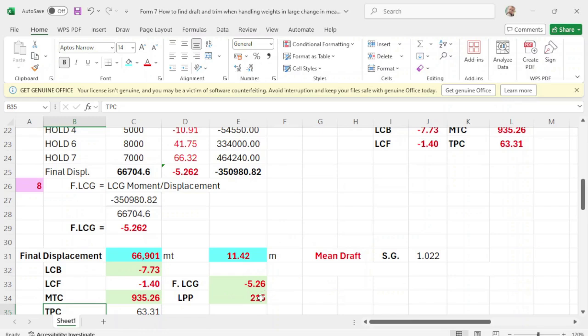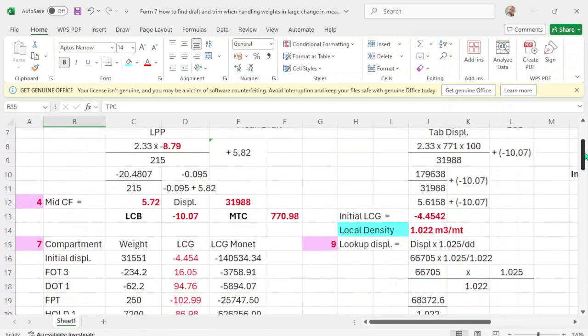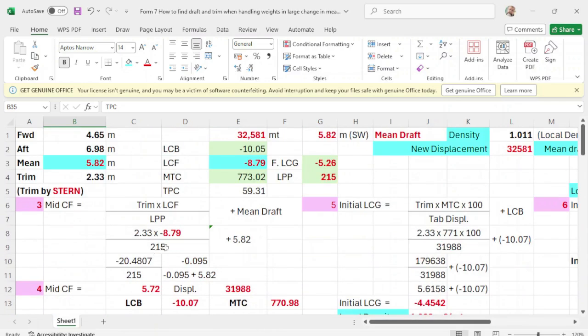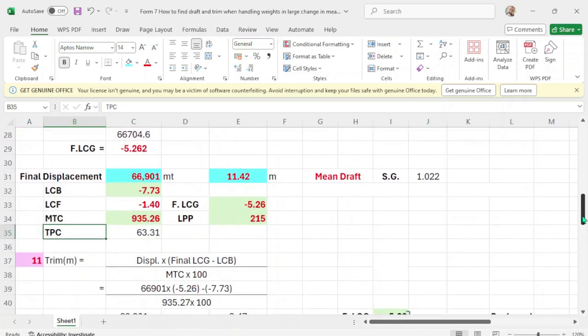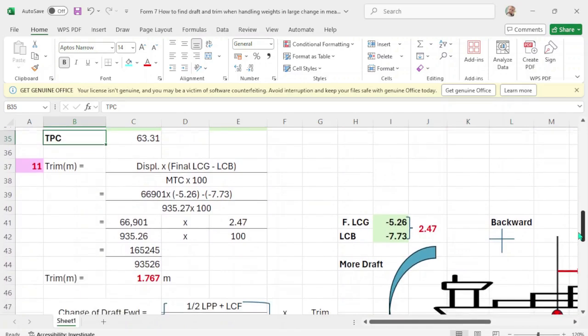Your final LCG is negative 5.26, and your LPP is 215.